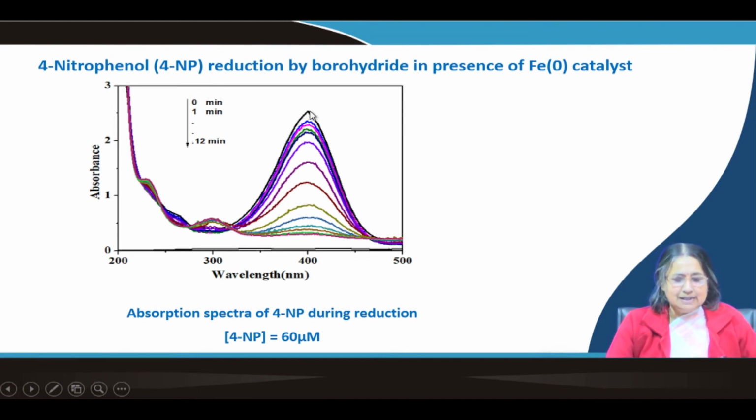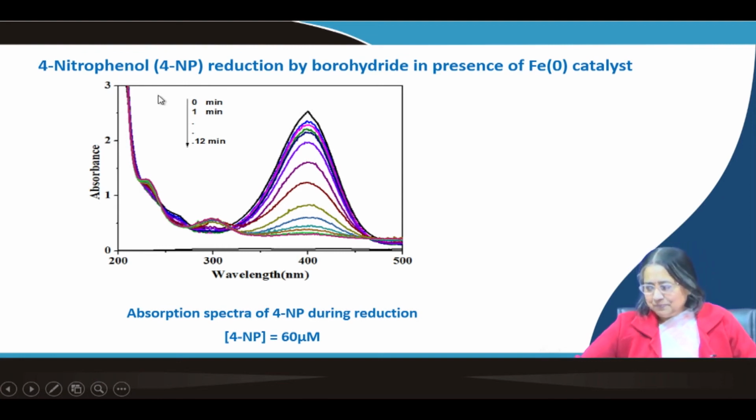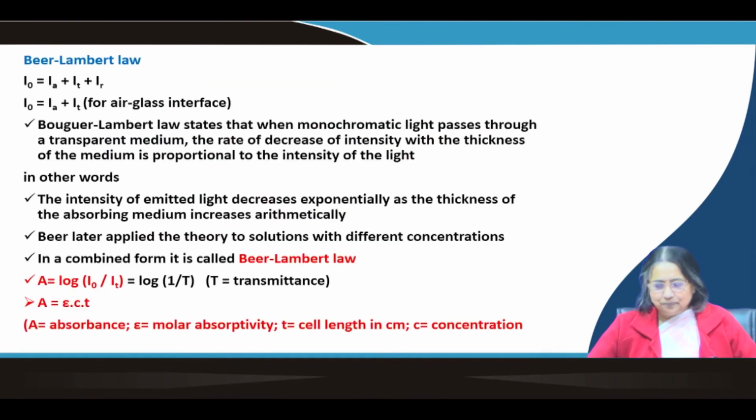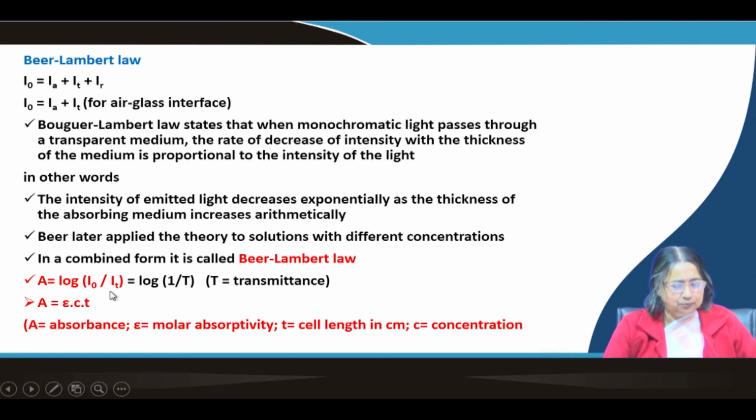This nitrophenolate has the absorption here, okay, absorbance, what is absorbance I already discussed. A is the absorbance, this is nothing but log I0 by IT.